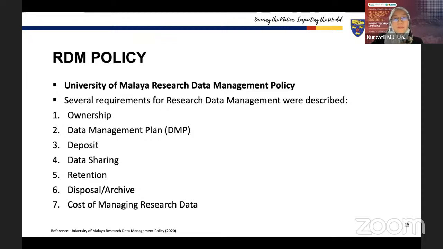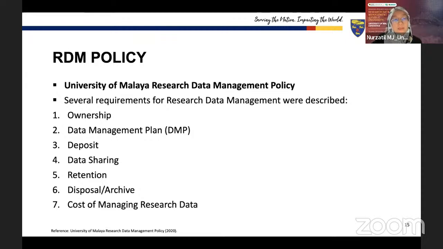Under the RDM policy, we talk about ownership. We talk about the data management plan. That's a very, very important tool when we talk about RDM planning. This DMP is a very important tool for RDM planning, from the start of the project until the project ends. That's the role of the DMP.